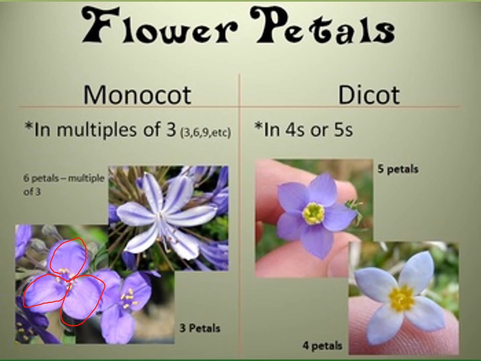I have pictures later on that show that a little better, so if you can just be patient on that one. Dicots are in layers of 4s and 5s. So if it's a single layer flower like these two, it's going to have 4 petals. Here's 1, 2, 3, and 4. And then this one's going to have 5 on a single layer.